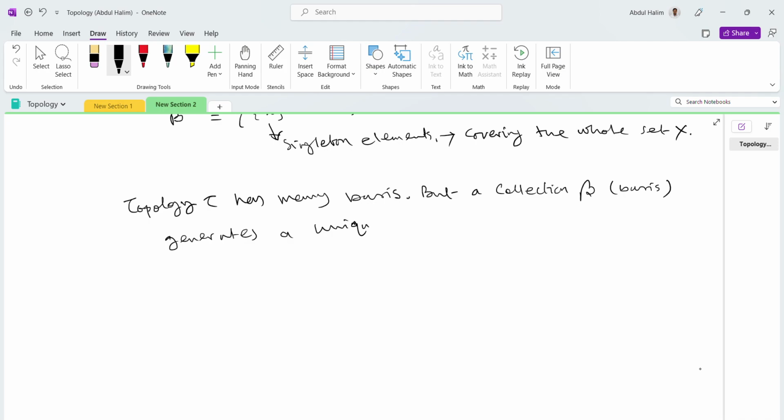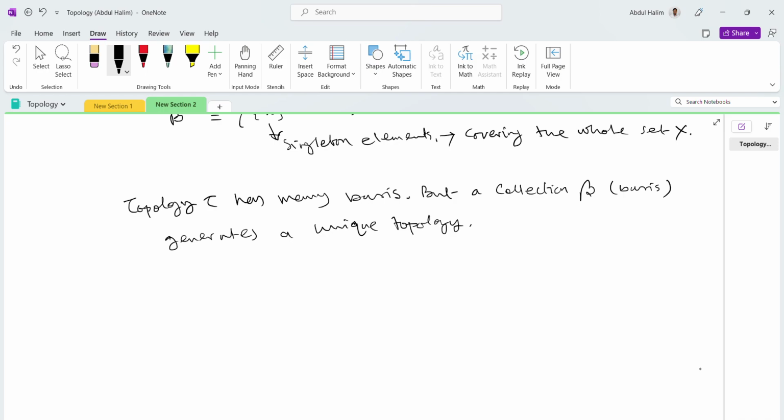But a collection beta, a basis, generates a unique topology.